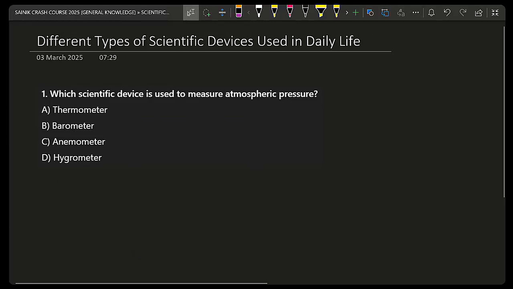Thermometer, barometer, anemometer, hygrometer. Everybody participate in the poll and give your answer.